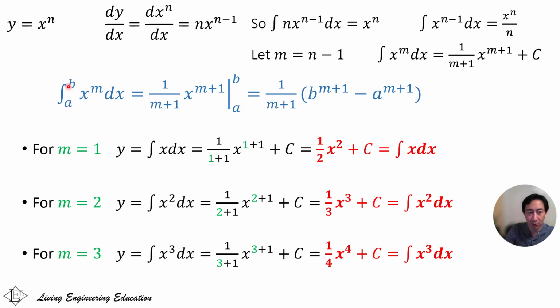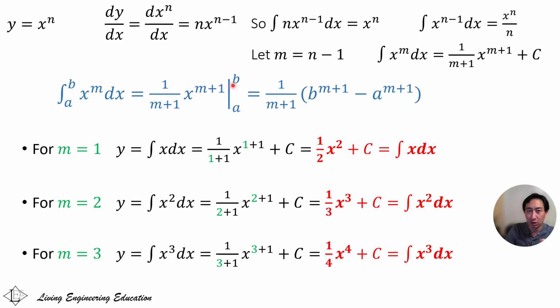So if I have actual limits, upper and lower limits, the integral of x to the n is this first section right here, 1 over n plus 1 x to the n plus 1 at the limits a to b, right? a is my lower limit, b is my upper limit. And all we do is plug a and b into my x variable.